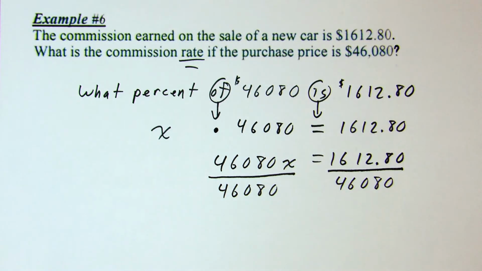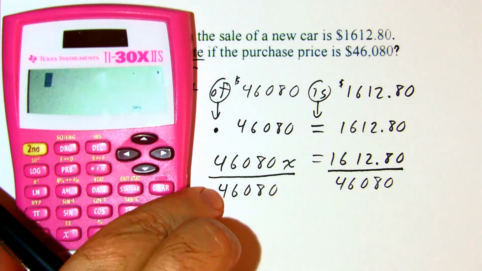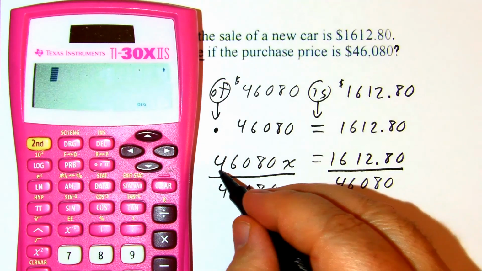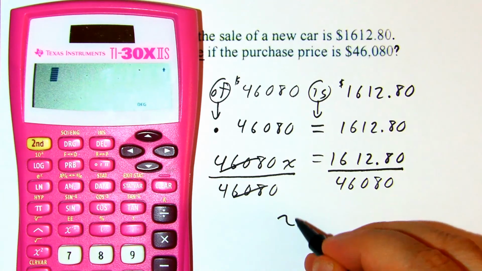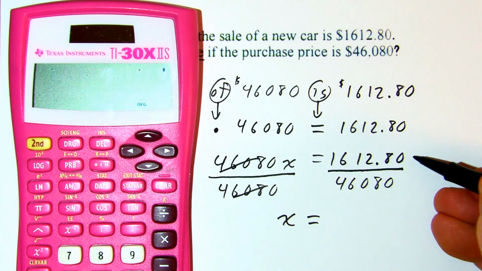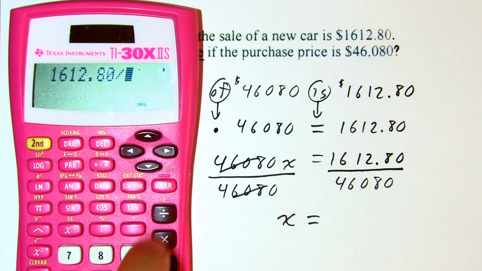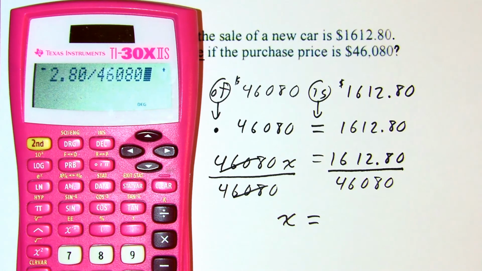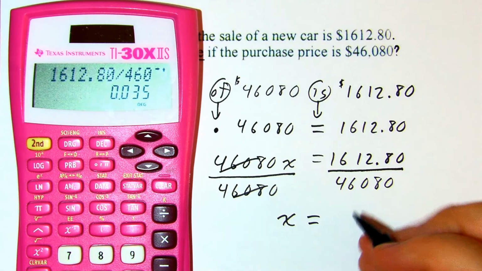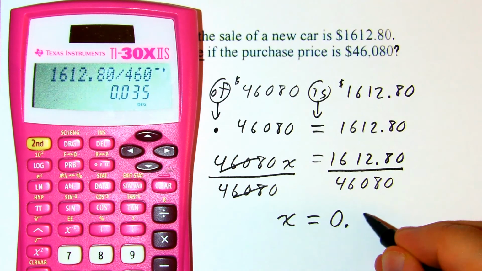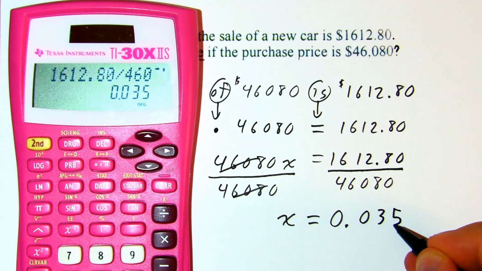And I'll use my calculator to help me with that. Of course, on this side they cancel, giving us X equals, and then it's the top divided by the bottom. 1612.80 divided by 46080 equals 0.035.